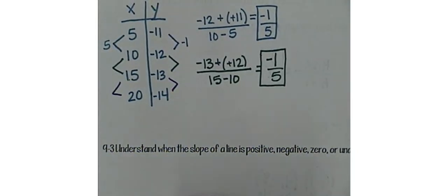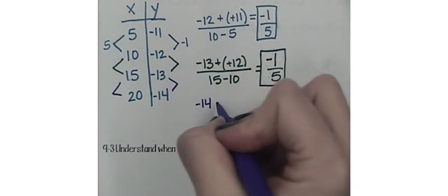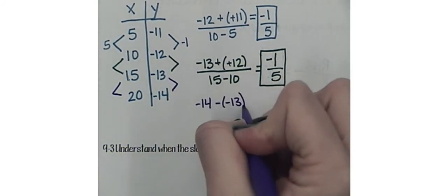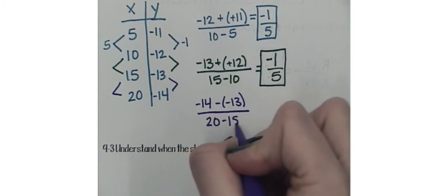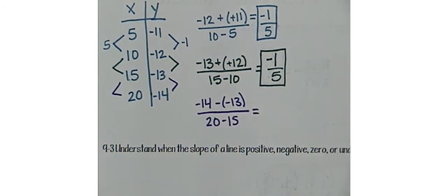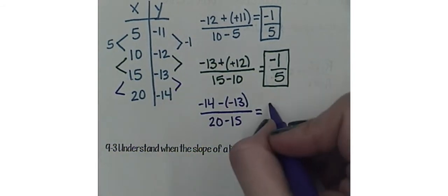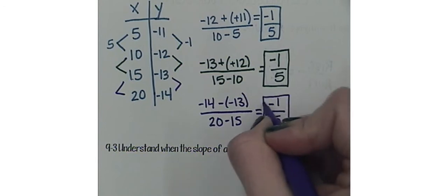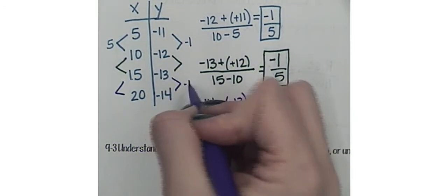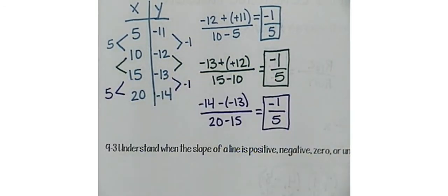So the second one, negative 14 minus negative 13 over 20 minus 15, we get negative 1 over 5 again. So we're going down 1, up 5.